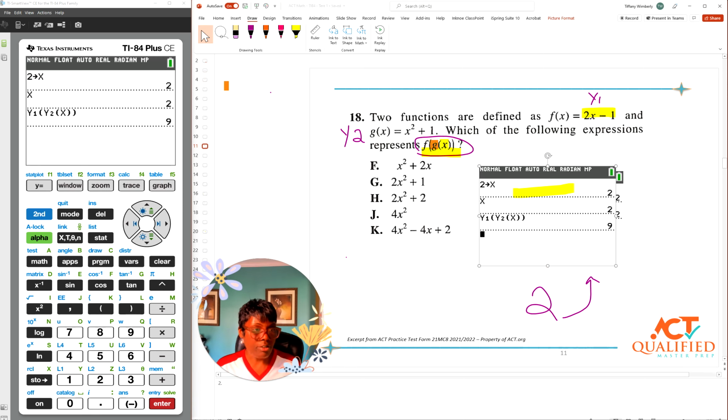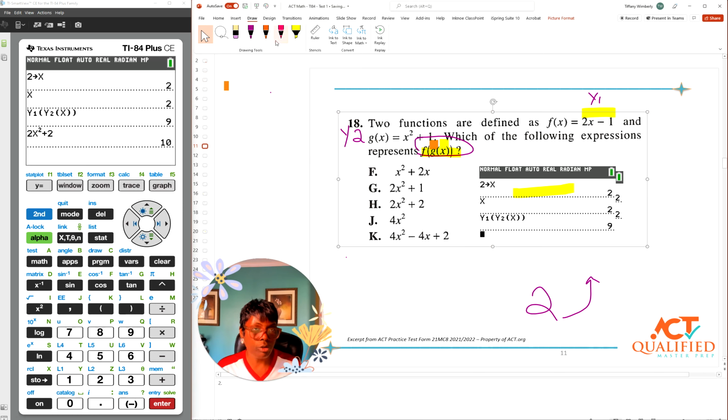Again, we are going to begin with the middle number. Let's put the middle value in, which is 2x squared plus 2, hit enter. We know that 2x squared plus 2 is equal to 10, so we know that H is not our answer.